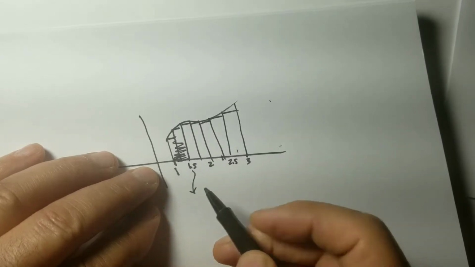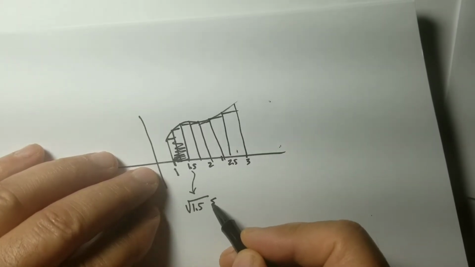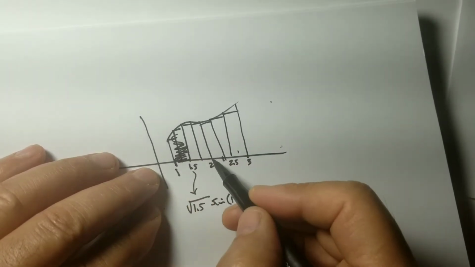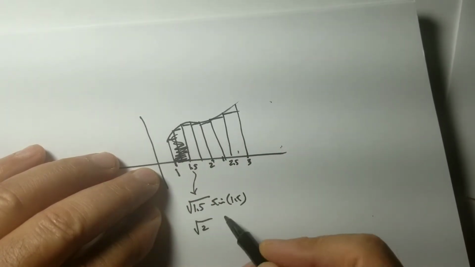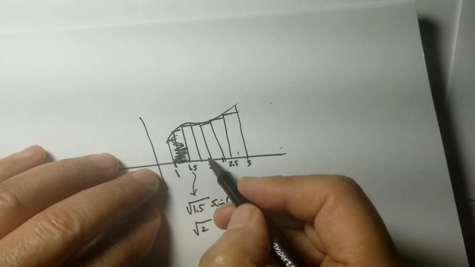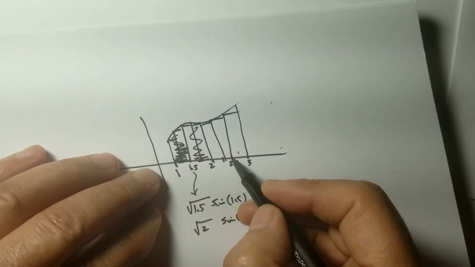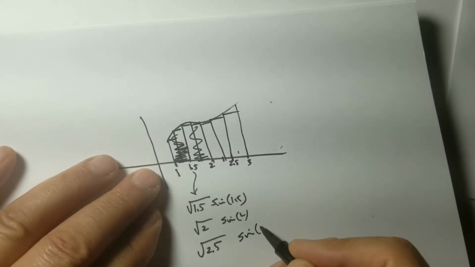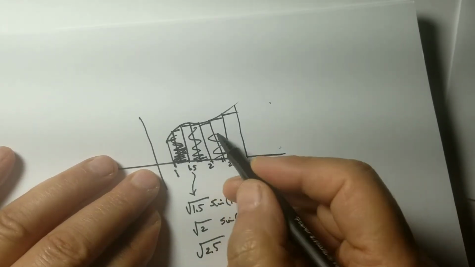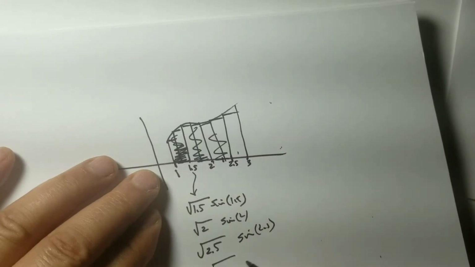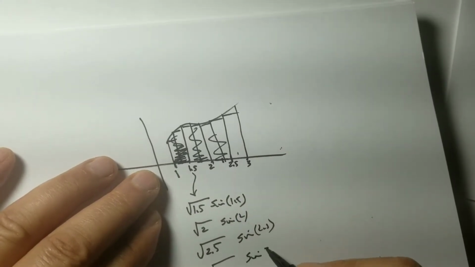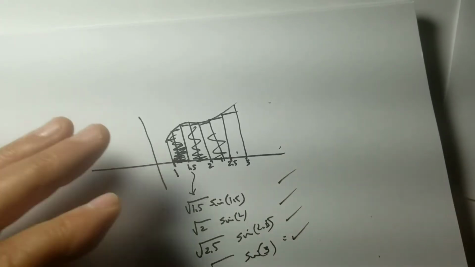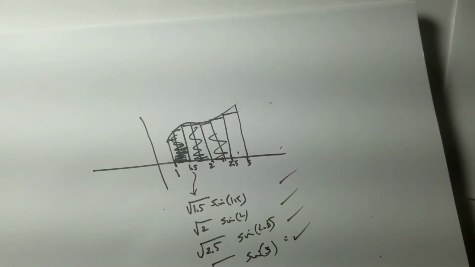Put 1.5 in here, find that area, put 2 right for the function, find that area, put 2.5 in here, and find that area, and put 3 right here, and find that area. And you add all of them, you got the area, and you got the value.